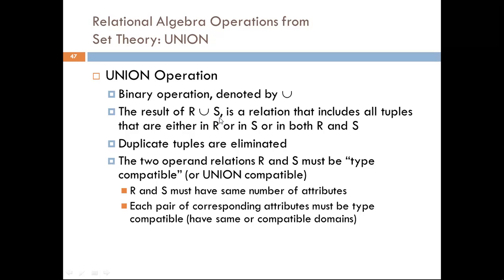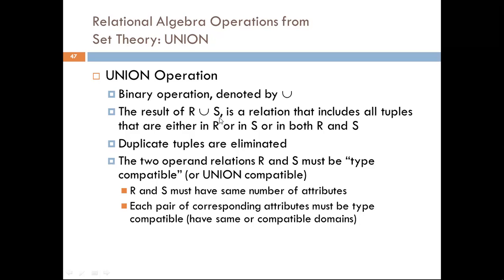A tuple is considered to be a duplicate only if all the attribute values are the same. Otherwise, it will not be considered a duplicate. Two tables, that is relations R and S, must be union compatible if we want to perform the union operation. This we have already discussed.